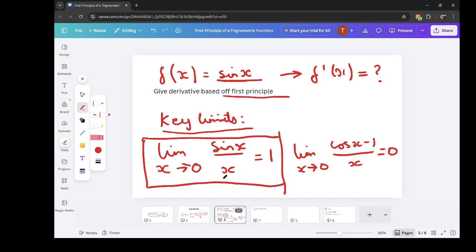The second limit you have to remember is the limit as x approaches 0 of cos x minus 1 over x is equal to 0. Take a moment and note these two down because they are really important whenever doing any trigonometric differentiation using the first principle.